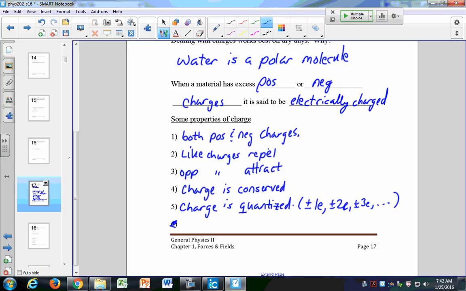That's based on the charge of an electron or a proton, which is the fundamental unit of charge. But you can't have half an electron, you can't have half a proton. The charge is quantized.